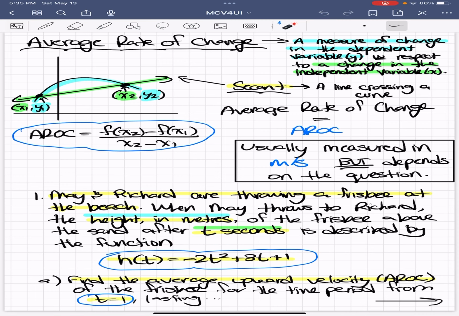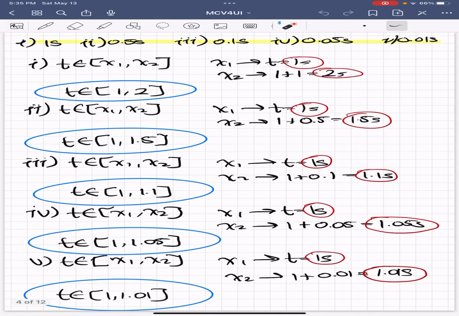So find the average upward velocity, the average rate of change of the frisbee, for the time period from t equals 1 lasting 1 second, 0.5 seconds, 0.1 seconds, 0.05 seconds, 0.01 seconds.